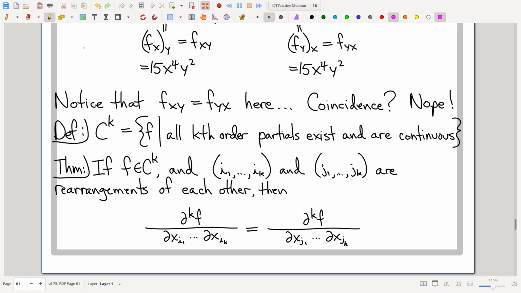So you can, at a glance, in many cases, immediately confirm that the function is what we call C infinity. Exponentials and polynomials and stuff like this are C infinity. You can take all the partials you want. They will always exist and always be continuous. So you don't actually have to compute all of them. Does that make sense to everybody?